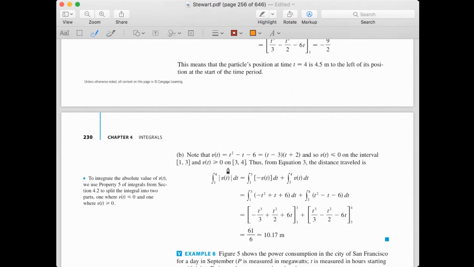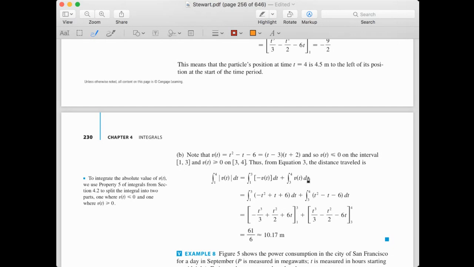Absolute value of velocity from 1 to 4. Then how do we do absolute value? We can only integrate positive functions, right? That means this one cannot be negative. We know it's negative from 1 to 3 and positive from 3 to 4.